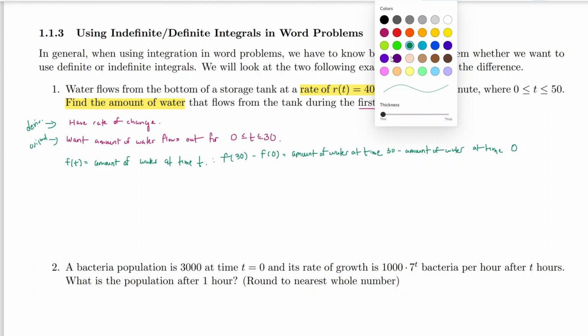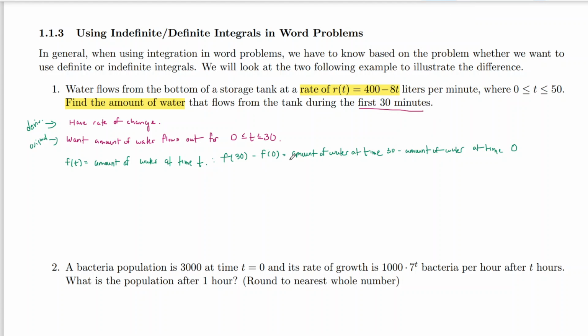But let's say that the amount of water at time 30 is like 700, I'm just throwing out a random number, and the amount of water at time 0 is 100. Then the amount of water that's flowing out throughout this process is 700 minus 100, which is 600. Now, I'm just making these numbers up, but the idea is that if we can figure out the amount of water at time 30, the amount of water at time 0, and subtract them, then we will get the amount of water that has flowed out.